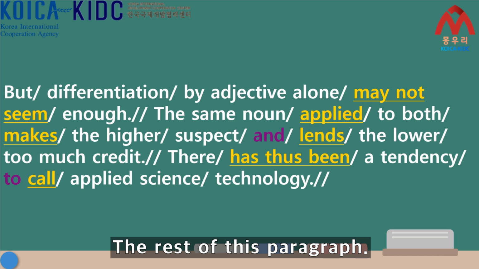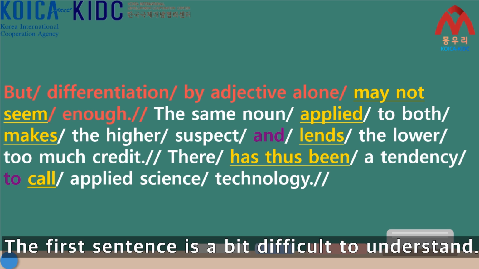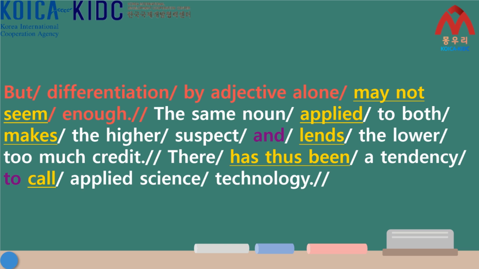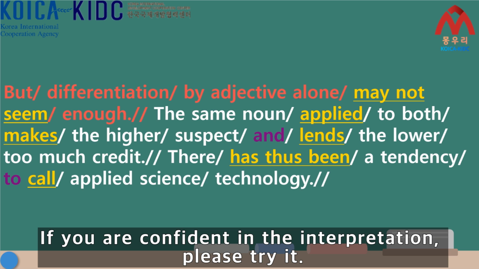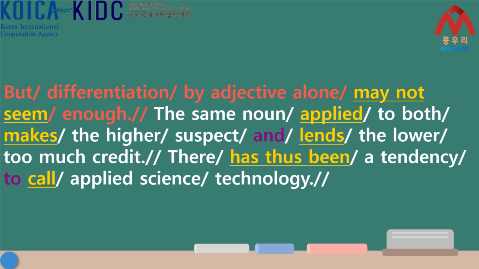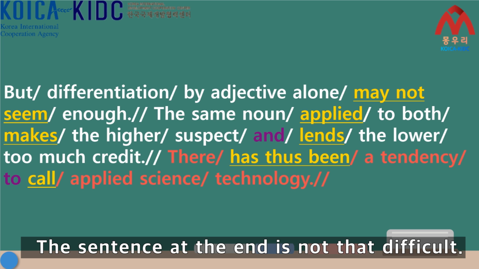The rest of this paragraph. The first sentence is a bit difficult to understand, but differentiation by adjective alone may not seem enough. If you are confident in the interpretation, please try it. The sentence at the end is not that difficult.